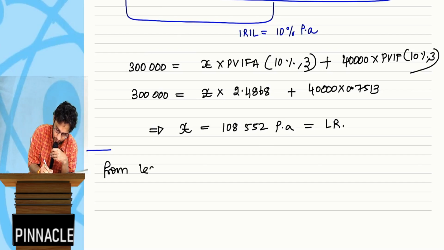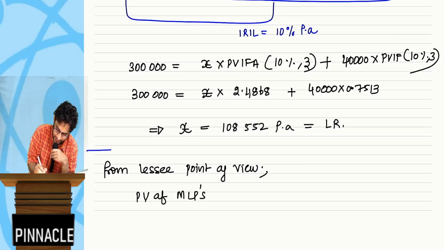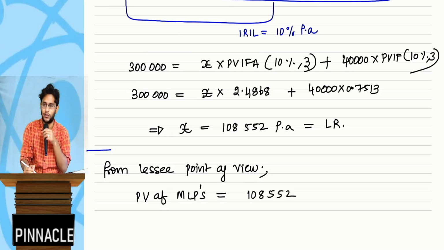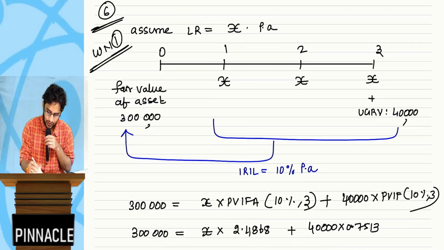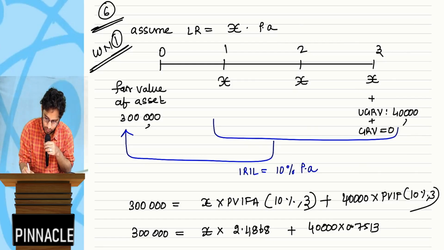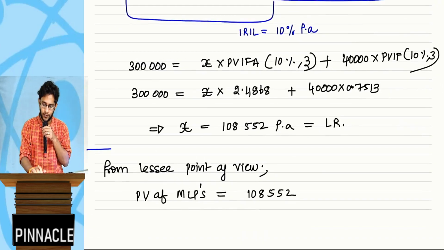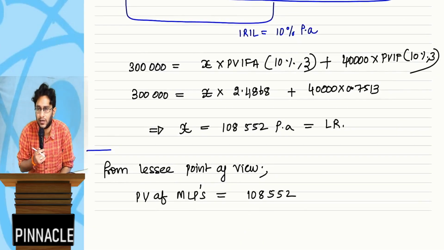From lessee point of view, PV of MLPs is equal to 108,552. How many times he has to pay 108,552? 3 times. Is there a GRV in the sum? GRV is not there. Do one thing, sir. Safe side, in this diagram insert somehow GRV is equal to 0, and the lessee did not guarantee anything at all.